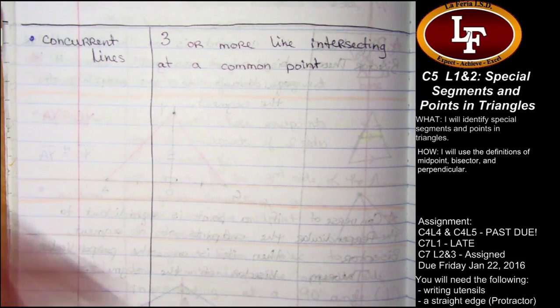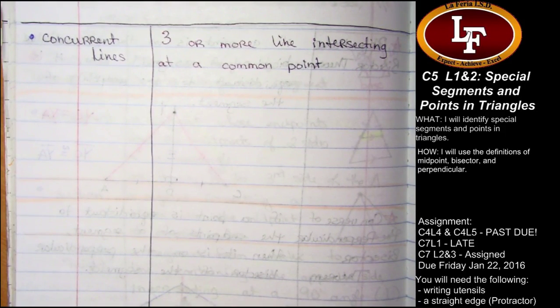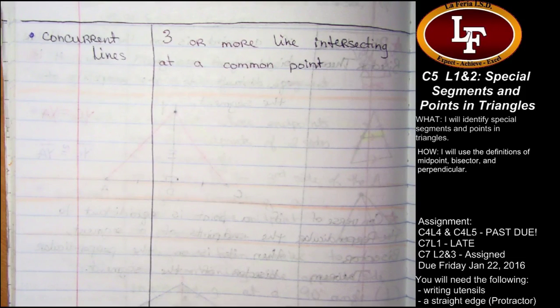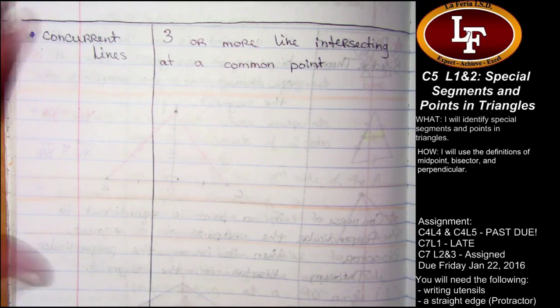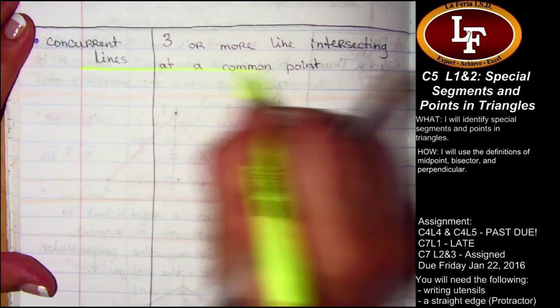So what if it was just 3 lines like that and then one in the middle? Okay, that would be concurrent lines.